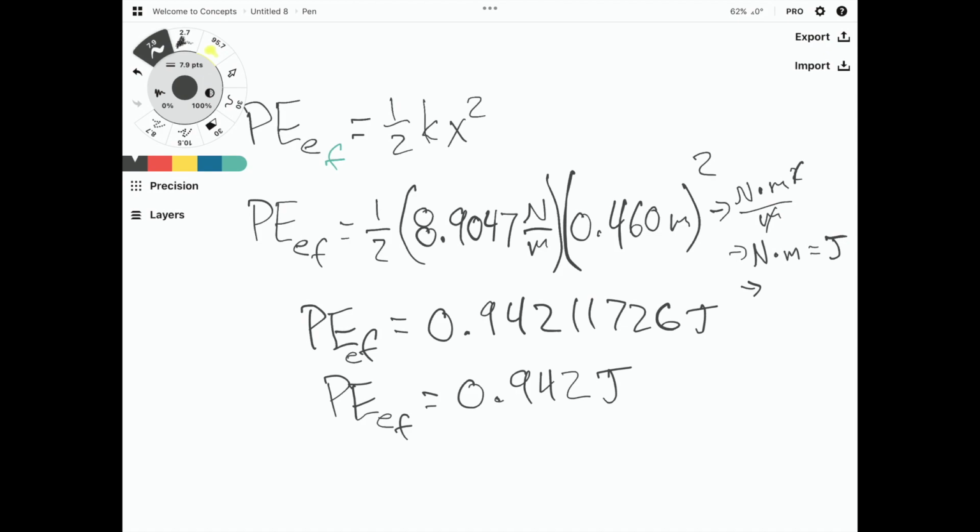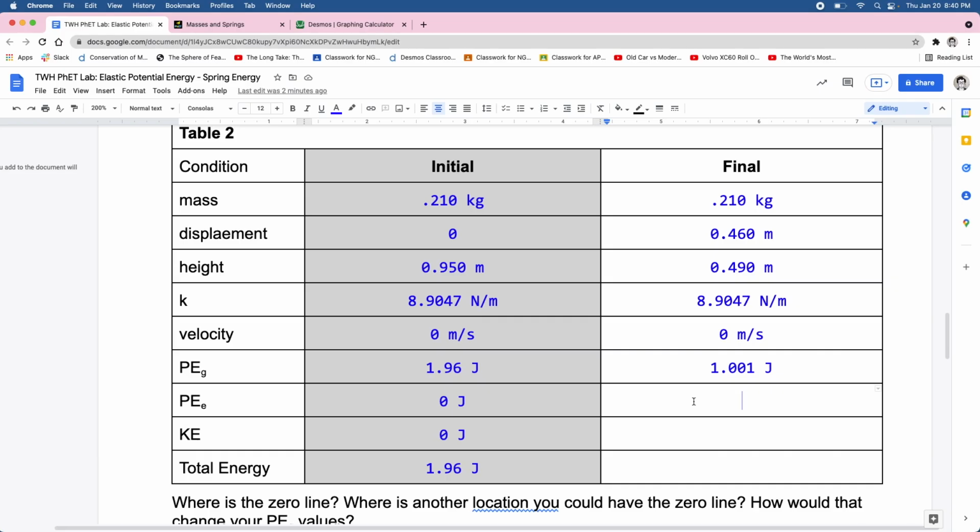Newtons times meters. Let me just zoom in. And a newton times a meter is equal to a joule. Okay, that's how I end up with this joule. So back to the desktop. 0.942 joules of energy for my elastic potential energy final.